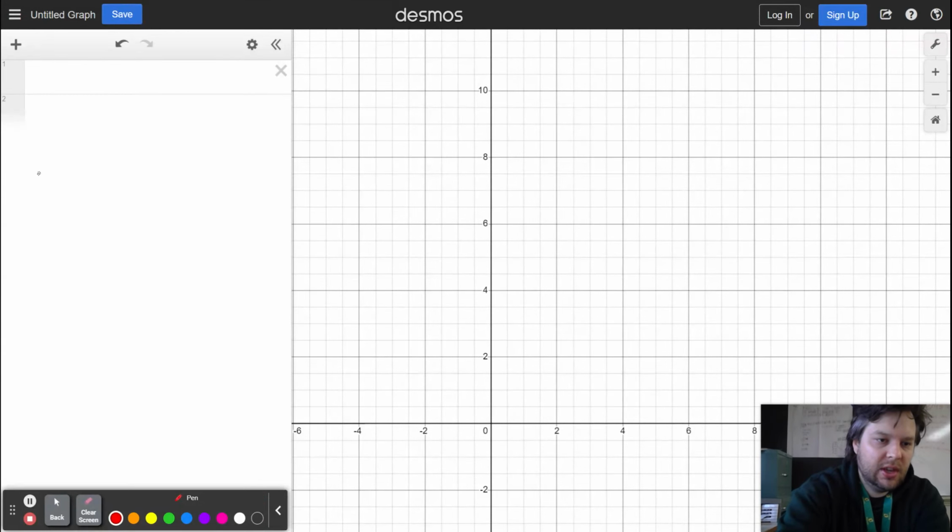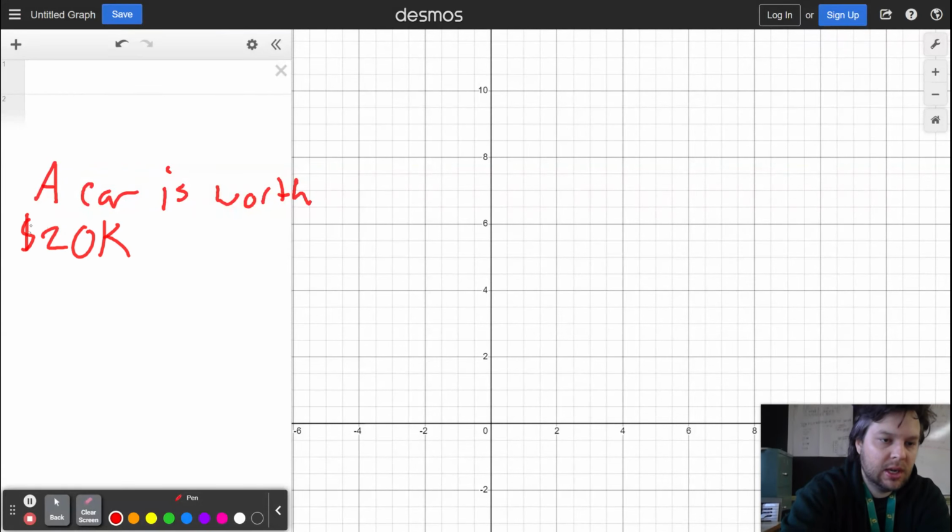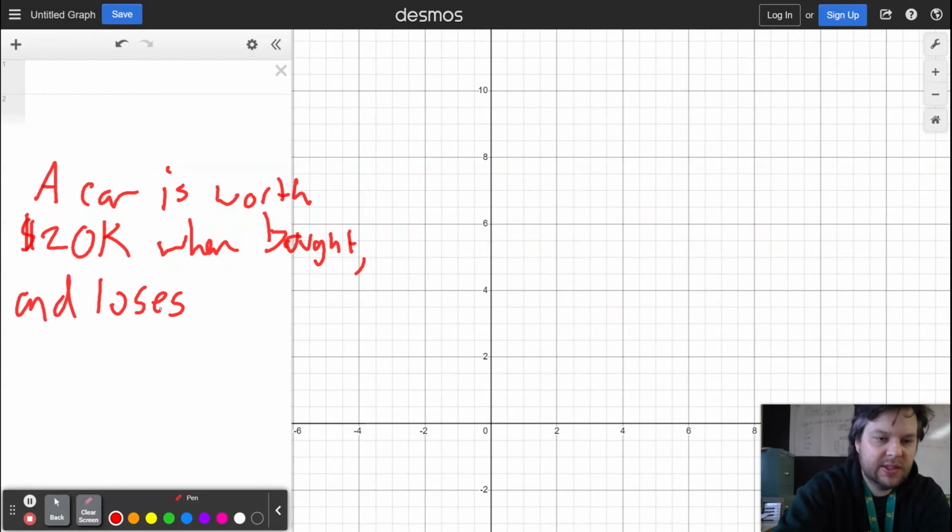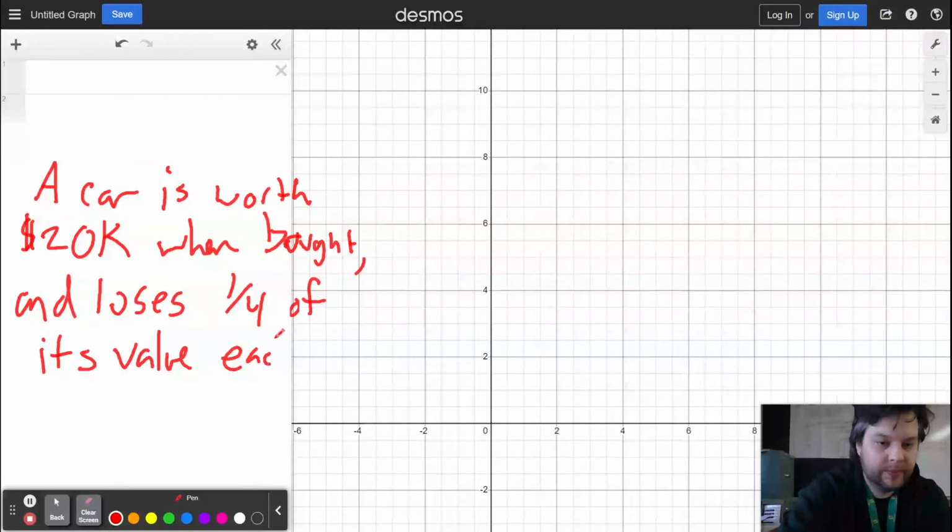Maybe you have a situation like a car is worth, let's say, $20,000 when it was bought, and loses, let's make up a fraction, let's say it loses 1/4 of its value each year.